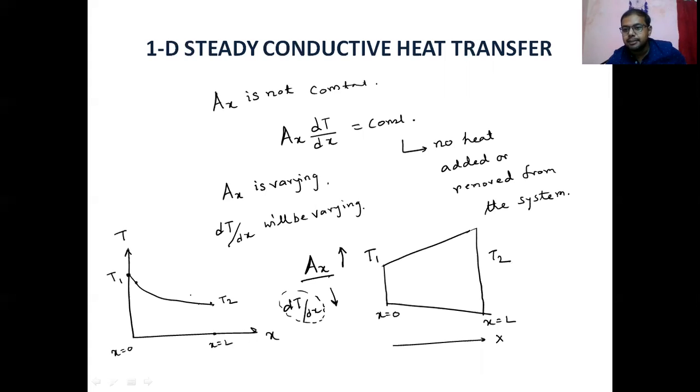Similarly, if Ax is decreasing, in that case, the temperature gradient will be increasing. In that case, the slope will be increasing.